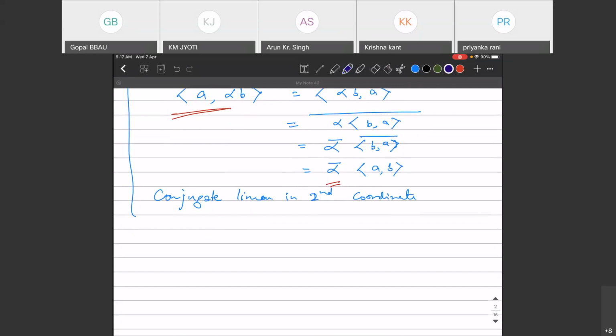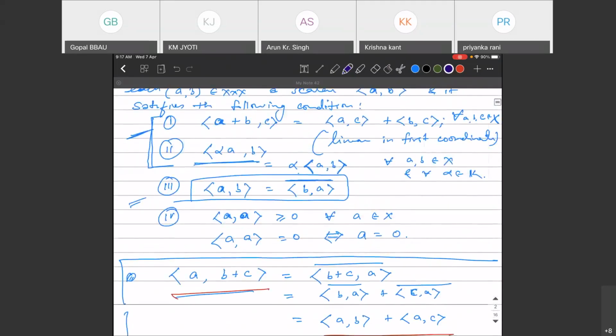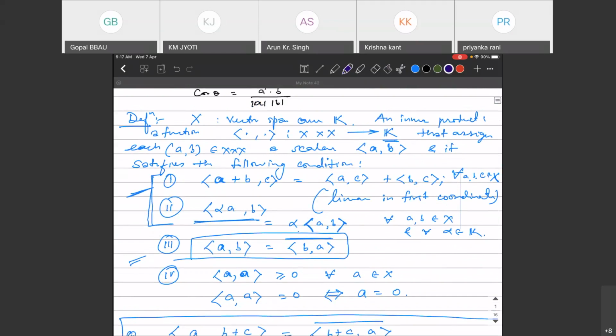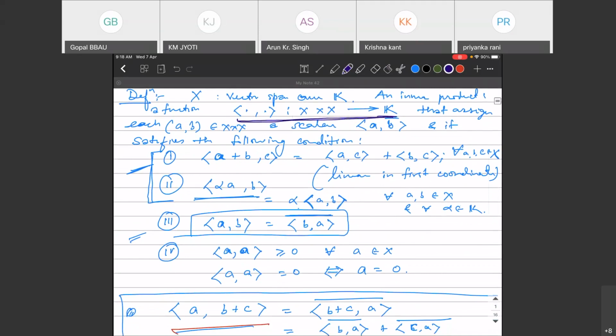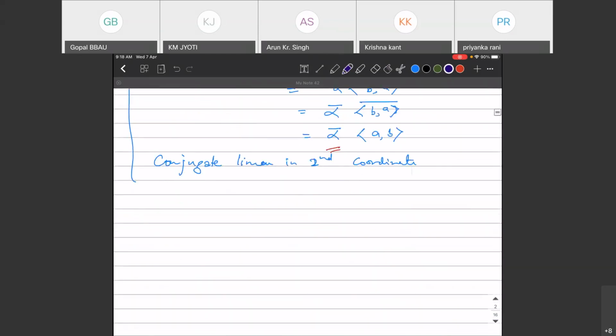So it is in fact a functional, not exactly a functional, but a functional on X cross X. Okay, so it's conjugate linear in the second coordinate.